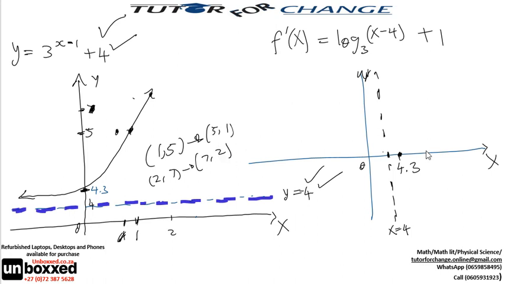So 1, 5, we have a coordinate there, then 2, 7 turns into 7, 2. So here we have a 5, then we have a 7, then we have a 2 here. Then we can just sketch. Okay, that's how our sketch will probably look.